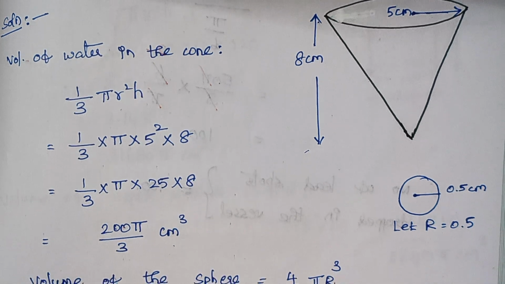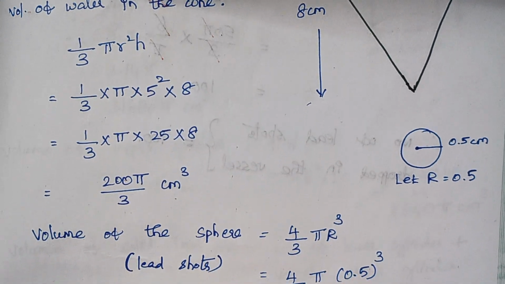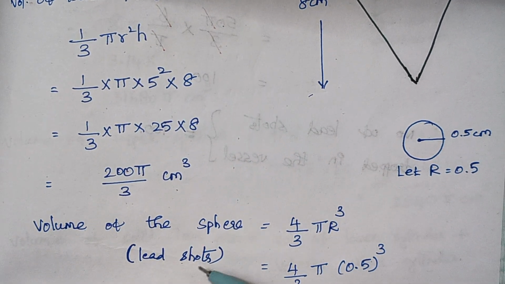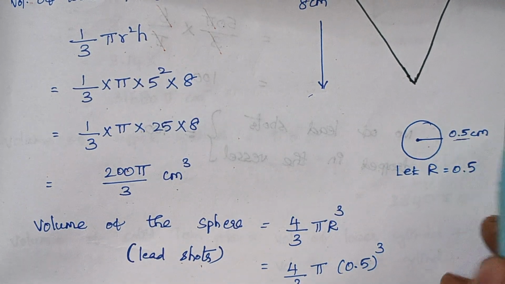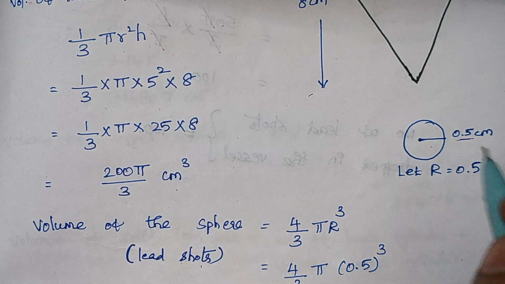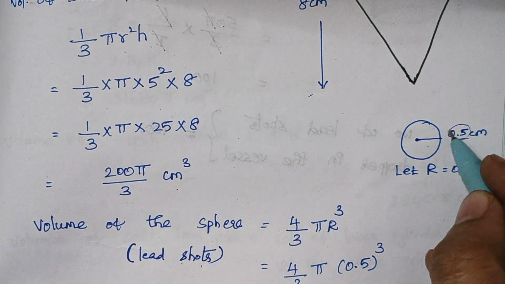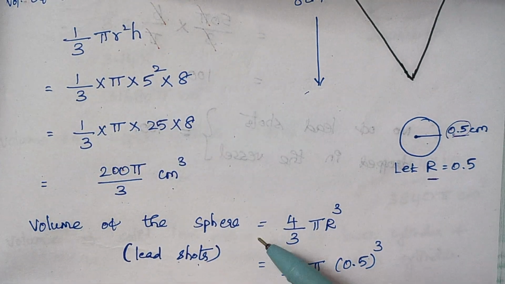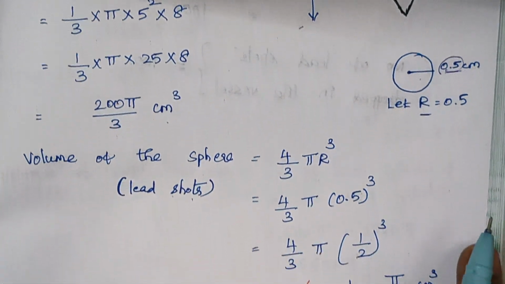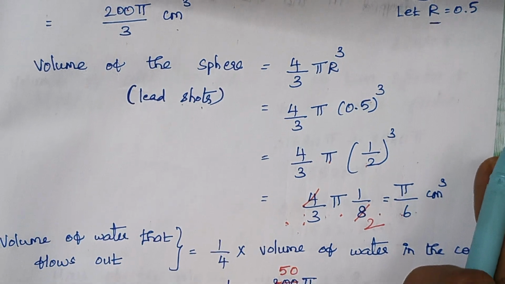Now we are going to calculate the volume of the sphere, because lead shots are in the shape of a sphere and the radius is given as 0.5 centimeter. Let us denote the radius of this sphere as capital R. The volume of the sphere is given by 4/3 pi r cube.